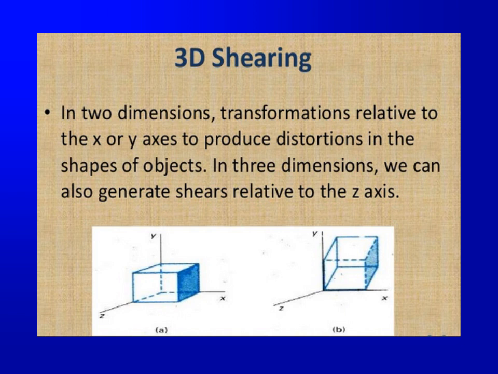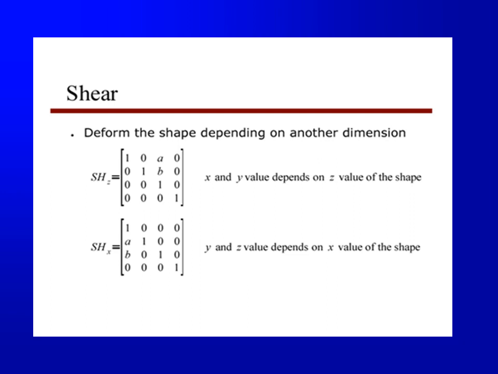So see this image, it is the before-shearing image, okay, and image B is the after-shearing object. So you can see the difference before and after shearing. Okay, now let's see what the matrices are.